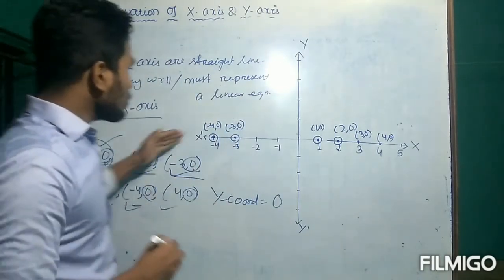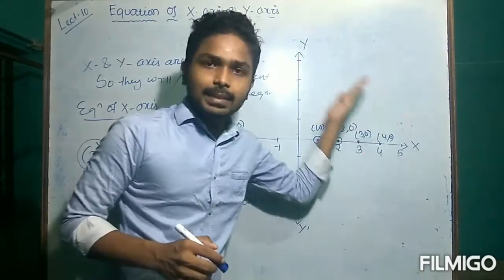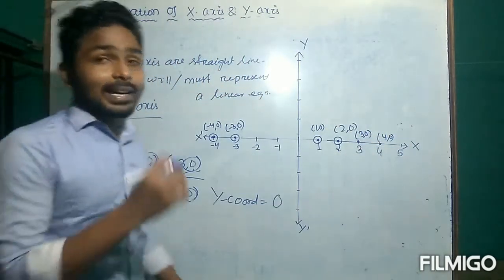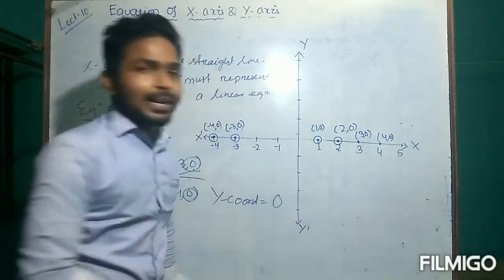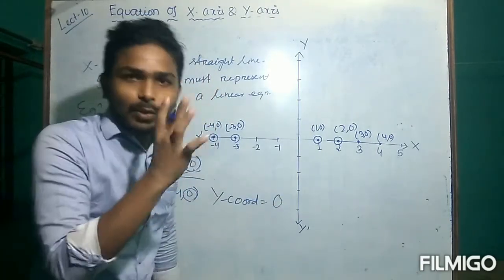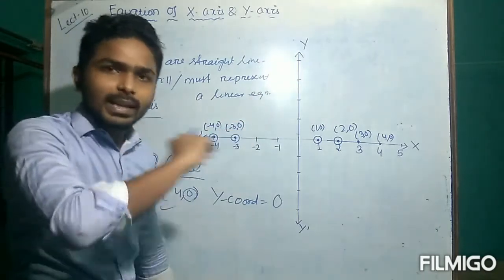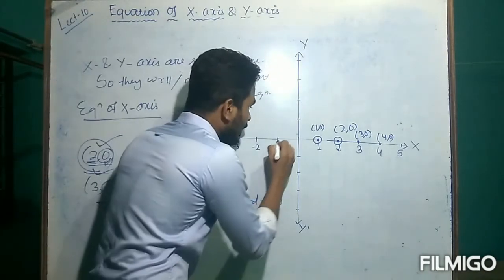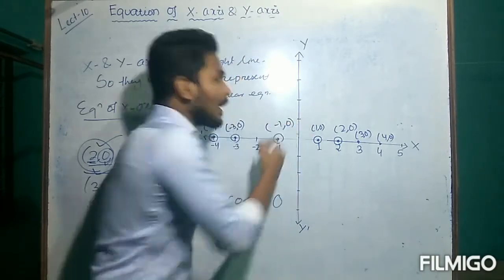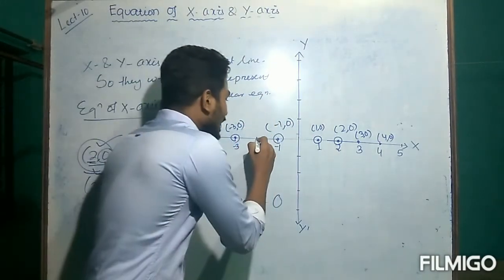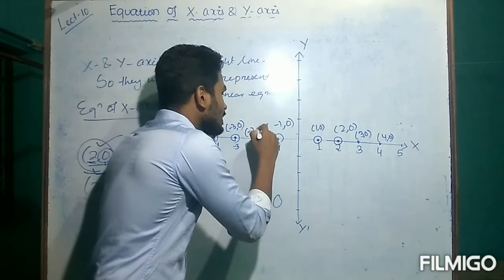That's why all those points lie on the x-axis. So we got an idea that on the x-axis the y coordinate must be 0 for all the points, whatever points you take. If you take a point here, the y coordinate is 0.